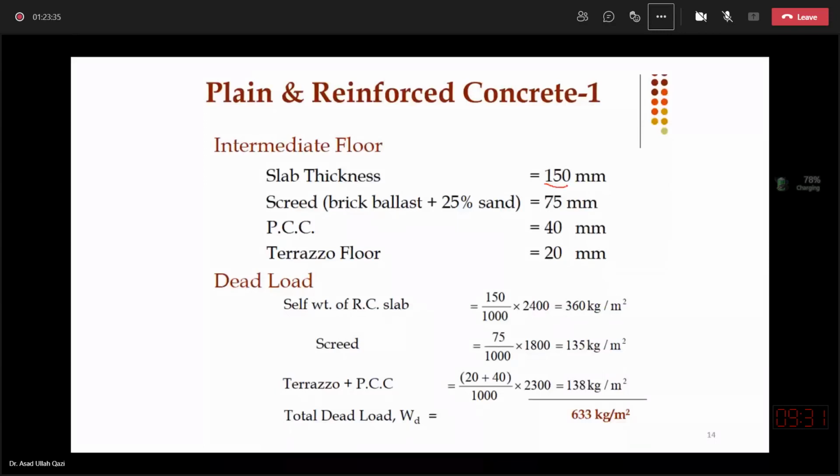they are assuming the slab thickness 150 and screed, which is brick ballast plus 25% sand. So normally it comes from architecture working drawings what they are planning in terms of floor finish.